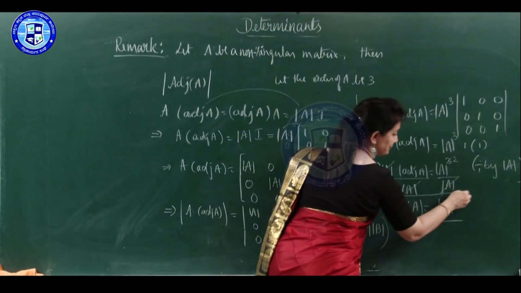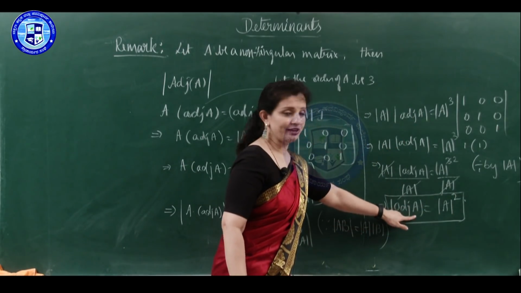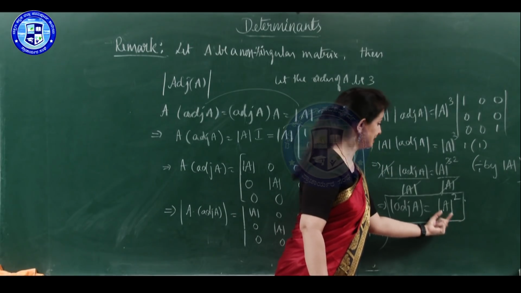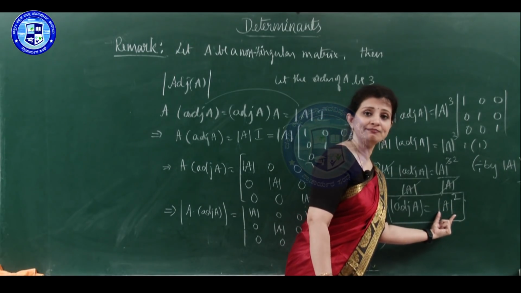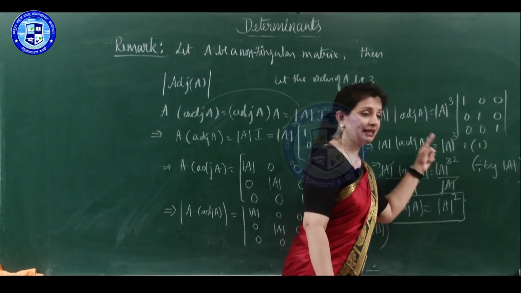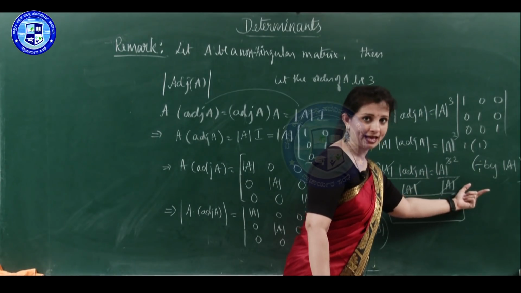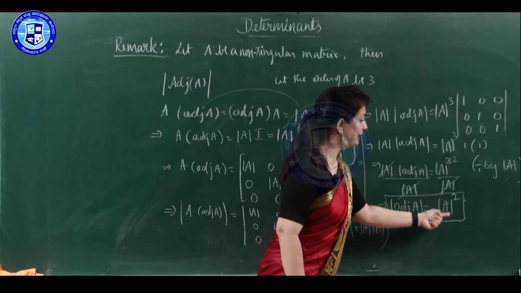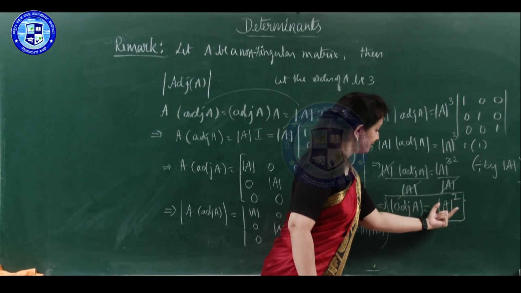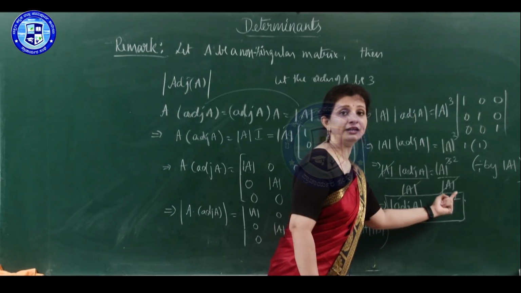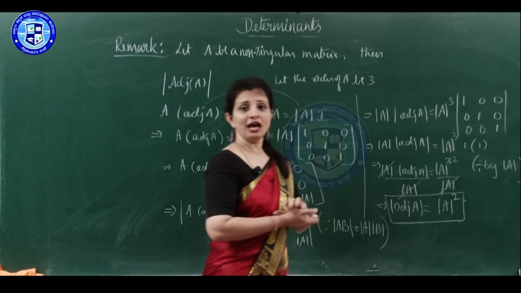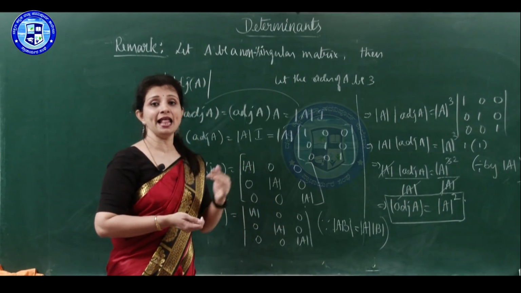So, it is possible to get the determinant of adjoint A without finding the adjoint A. That is, if you know the given square matrix A, get the determinant value, square that. If the matrix A is of order 3, then you have to get the determinant A to the power 3 minus 1, that is 2 here we have. Suppose we have a square matrix A of order n.